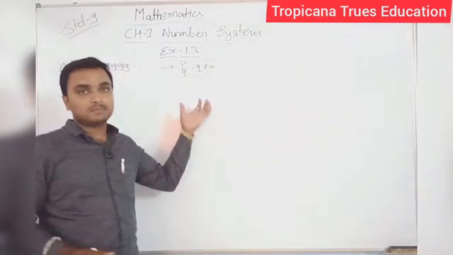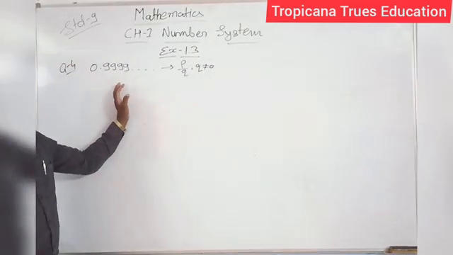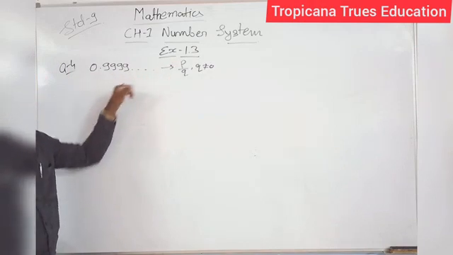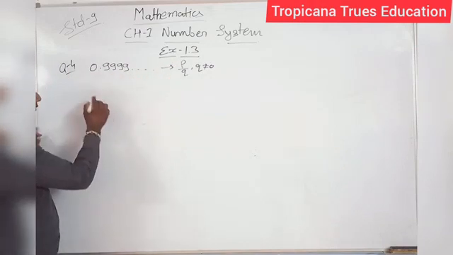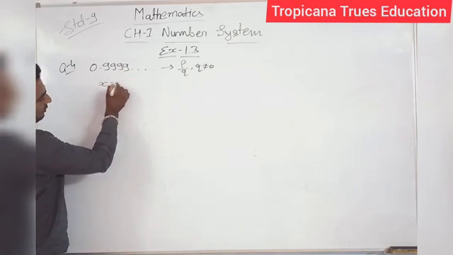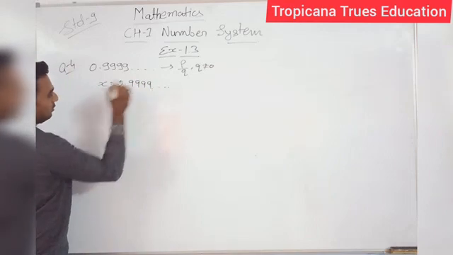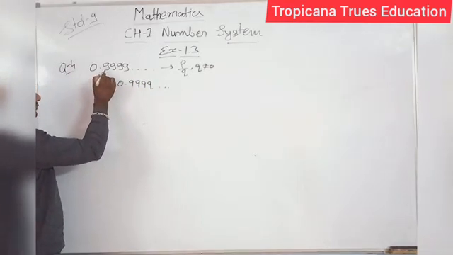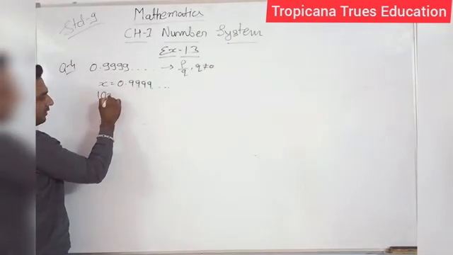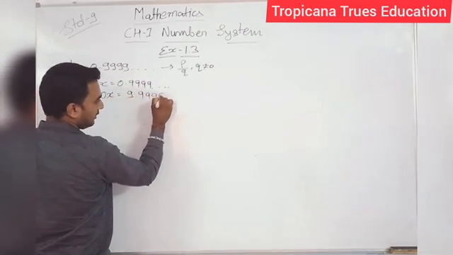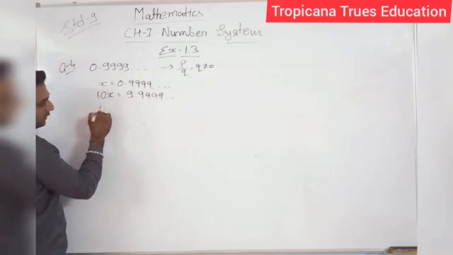Now we have to discuss the answer of this question, because when we write it in P upon Q form we will get the answer 1. So first we do this: x is equal to 0.99999 and so on. Now we know that only one digit is repeated, so I have to multiply by 10. So it is 9.99999 and so on. Now here it is 10x.